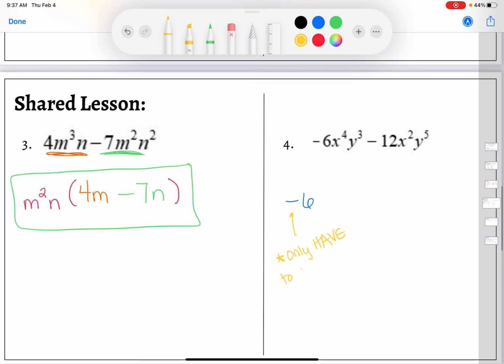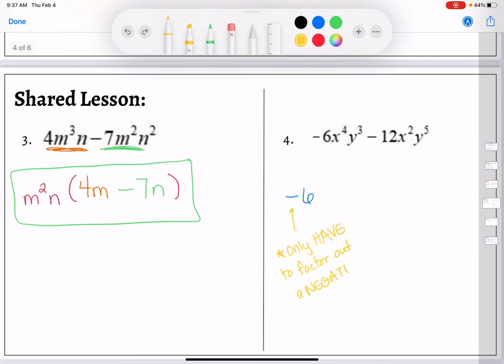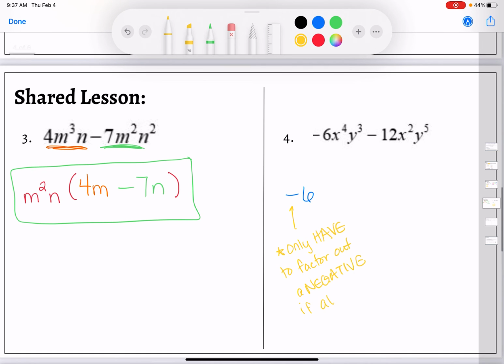You only have to factor out a negative if all the terms are negative. Now, other than that, it is optional. There are certain occasions when we would prefer that you take out a negative, which we'll get to a little bit later on. But if they all are negative, if every single term is negative, then we have to take it out as a GCF. Okay, so be careful about that.